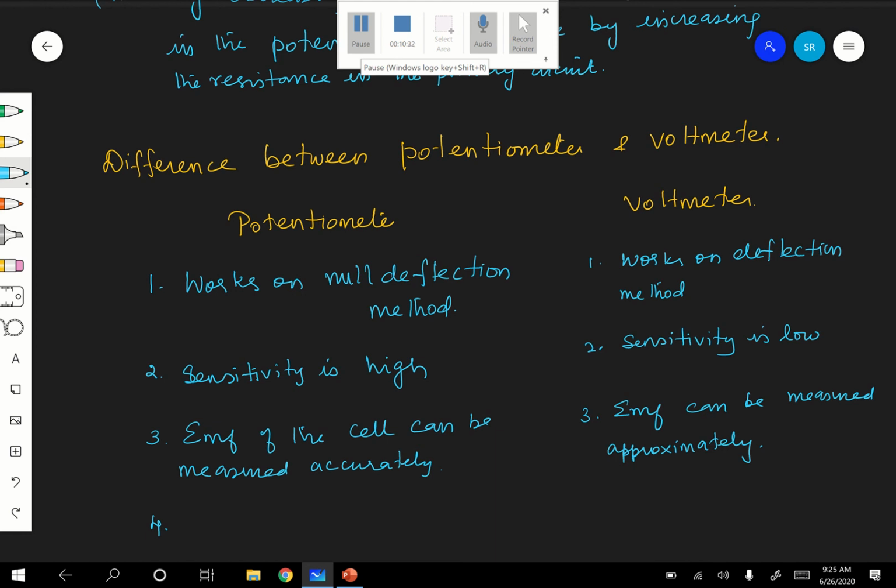EMF of the cell is nothing but the value when no current is drawn from it. Therefore, no current is drawn during the null method, because at the point of null deflection the resistance of the potentiometer becomes infinite.